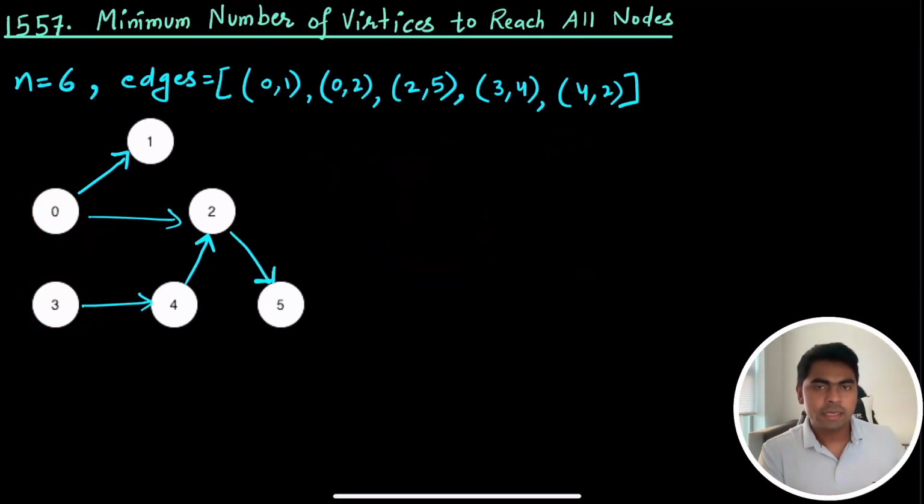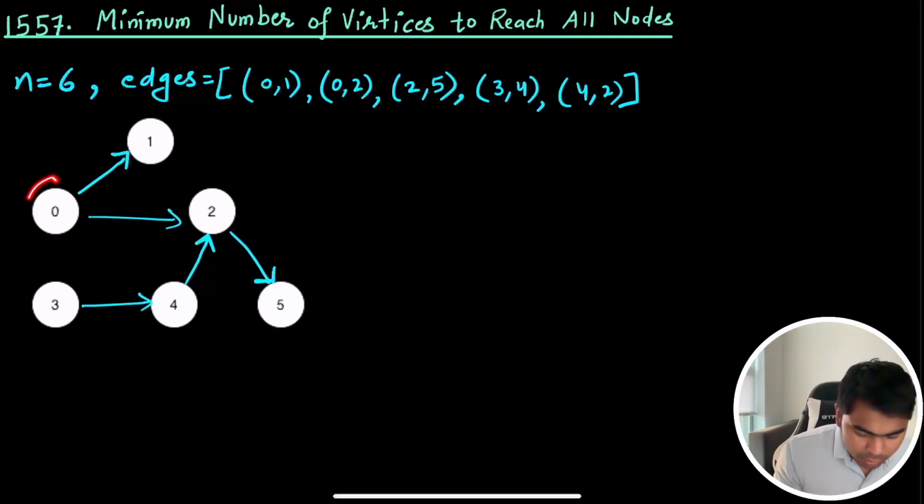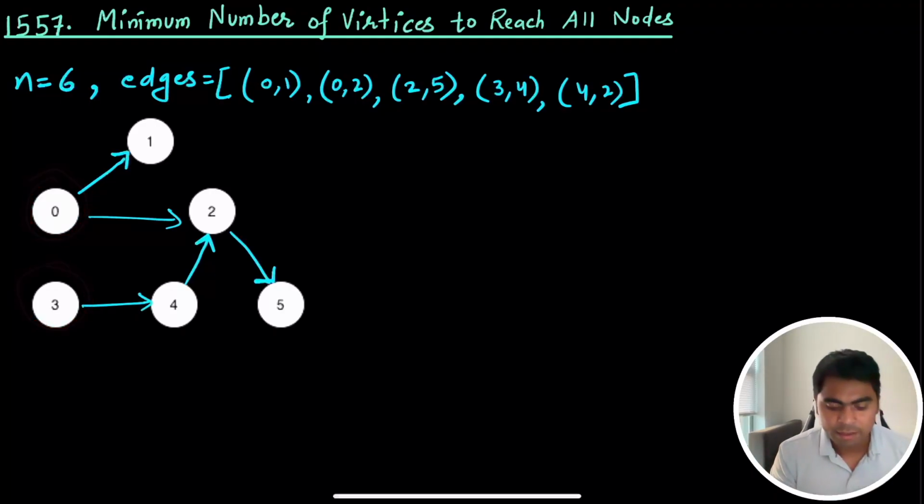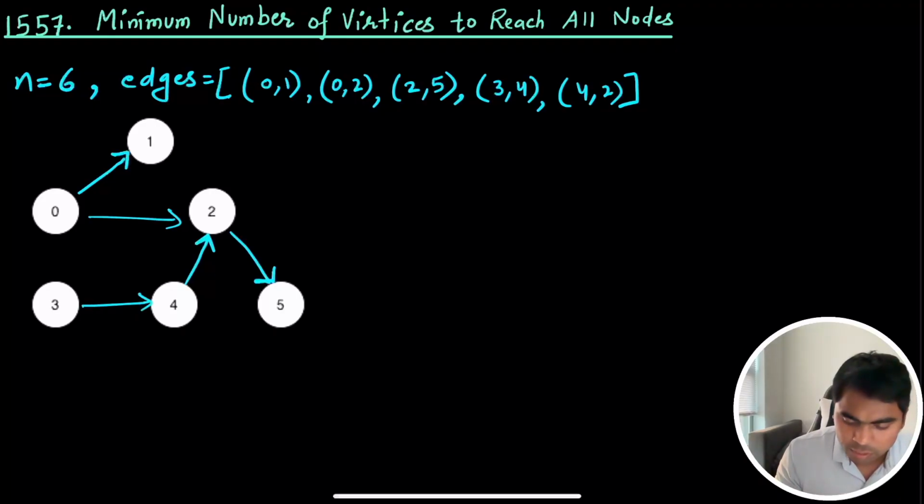But if you see clearly, it's only the nodes that do not have any incoming edges. That's what we need. So what we'll do is we will use edges to create our graph adjacency list.